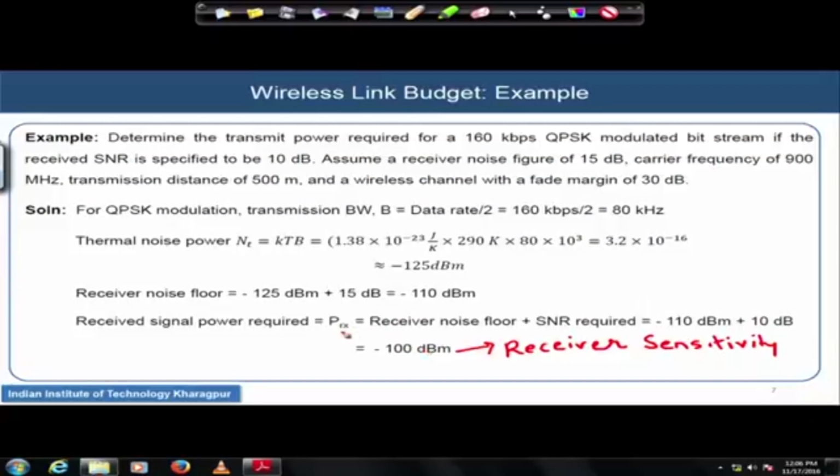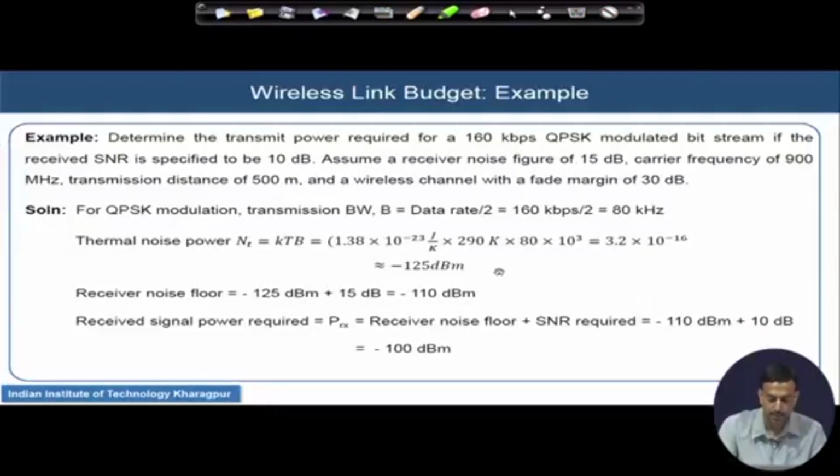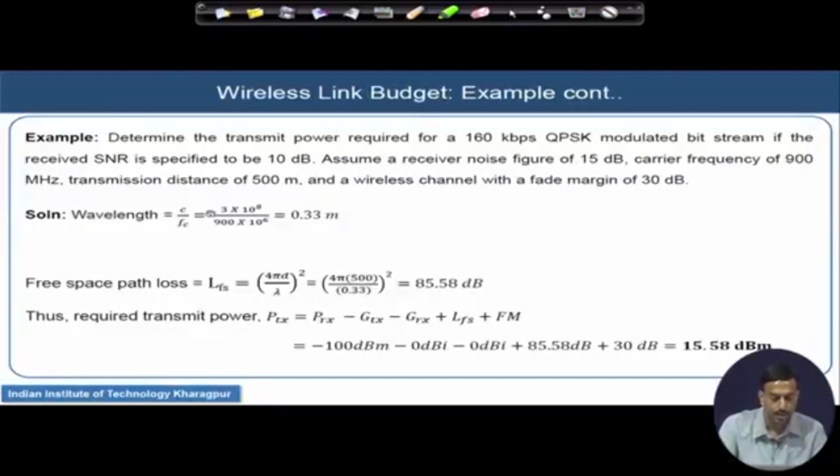Based on this value, we will now find out what is the transmit power which is required in order to realize this kind of a sensitivity. So what we do is, we are already told that we have a 900 megahertz center frequency.